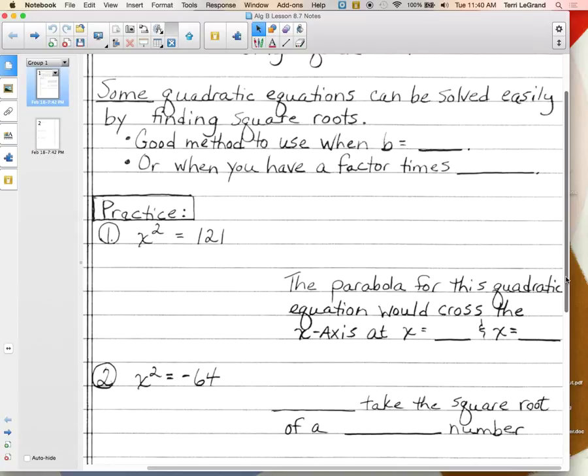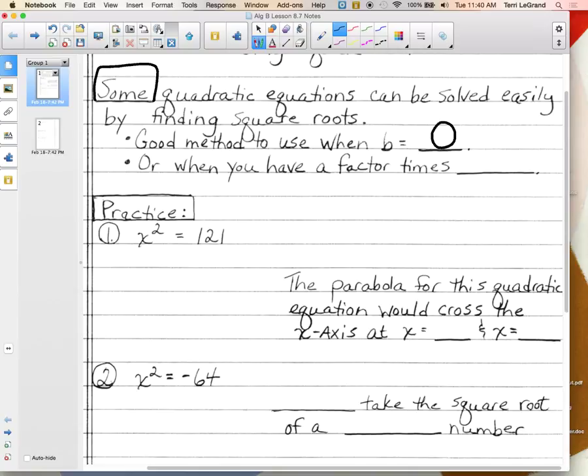Some quadratic equations, let's make that into a box. Some, because I'm making such a big deal out of this. Some quadratic equations can be solved easily by finding square roots. Here are the two times when it's really handy to use this method. Good to use when b equals 0.